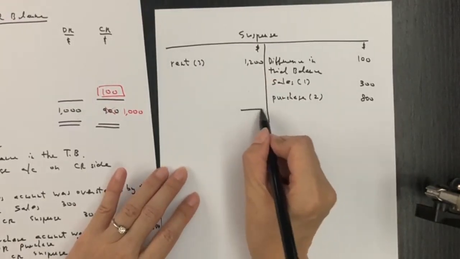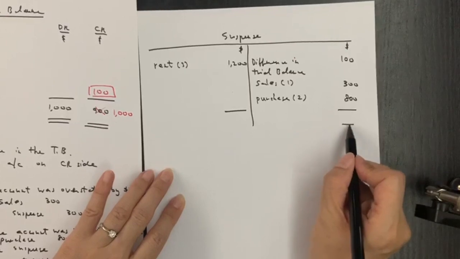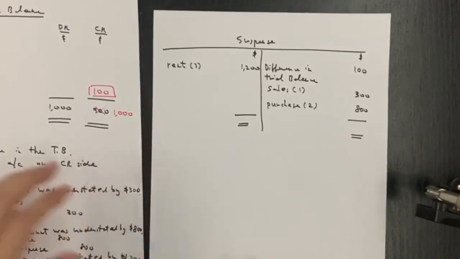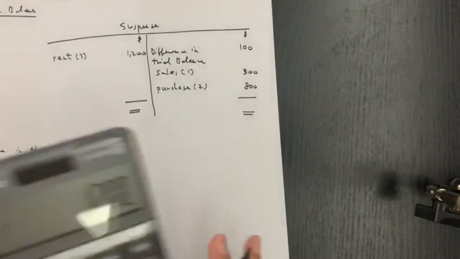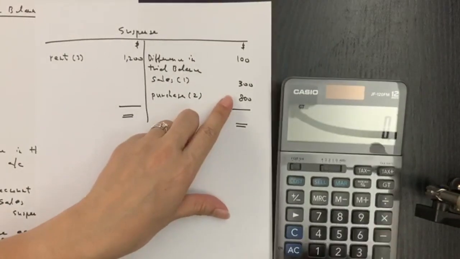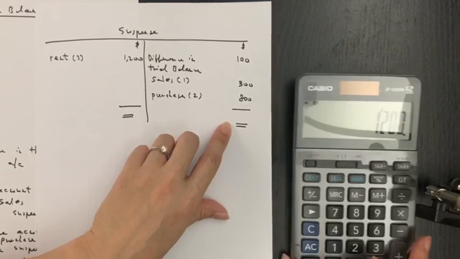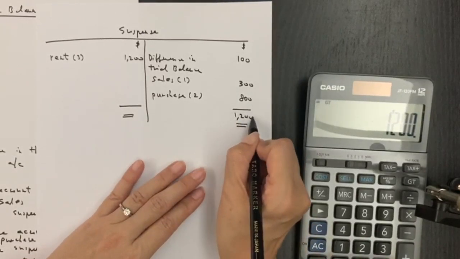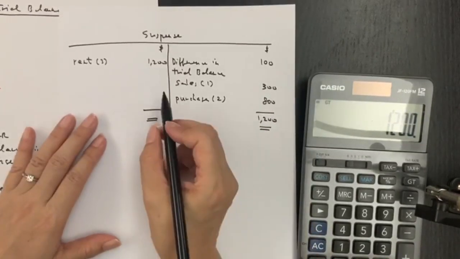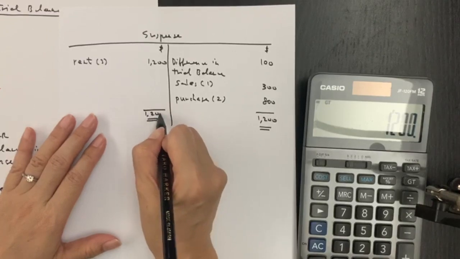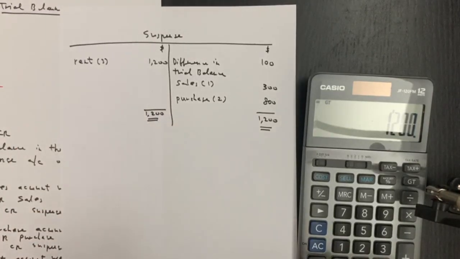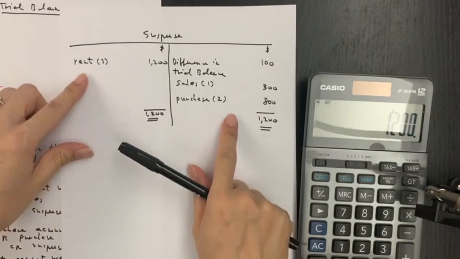Okay, so what happened after I have finished all the posting in my suspense account? Let's look at how much we have on the credit side. Here on the credit side, I have 100 plus 300 plus 800, which is 1,200. And also on the debit side, 1,200. So you can see we don't have any balance carried down left in the suspense account.